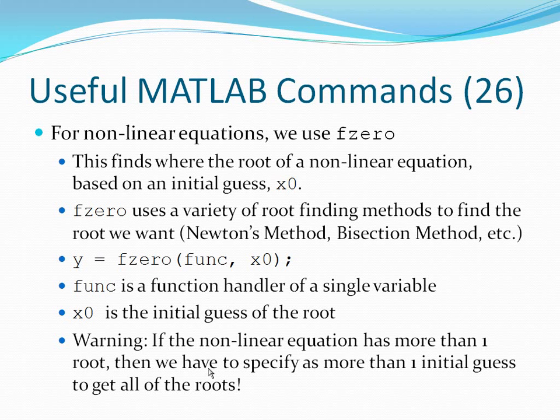It only relies on a 2D graph, not a 3D graph. So you create a function handle like you would normally, and then you specify an initial guess in the second parameter. Just specify what you think the root is close to.